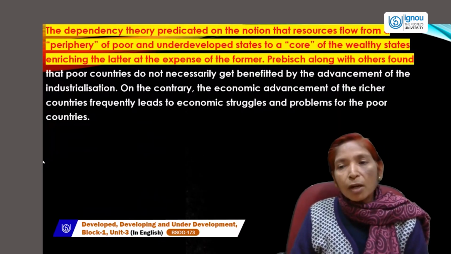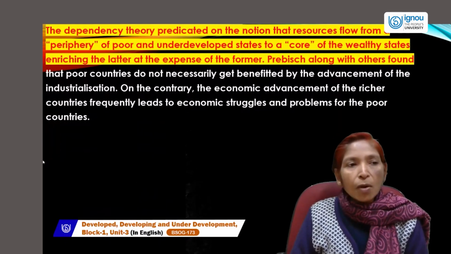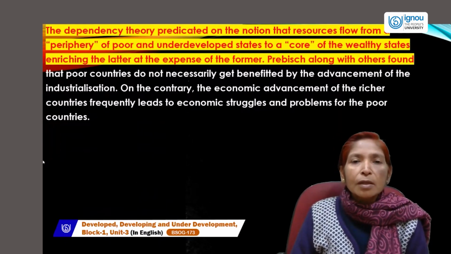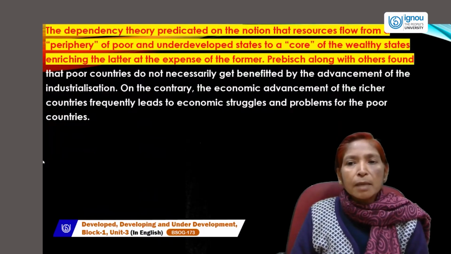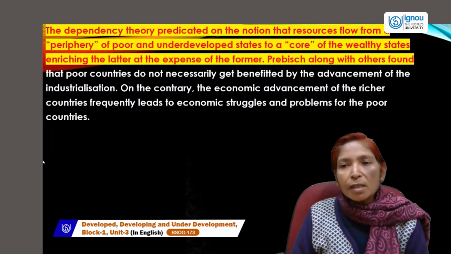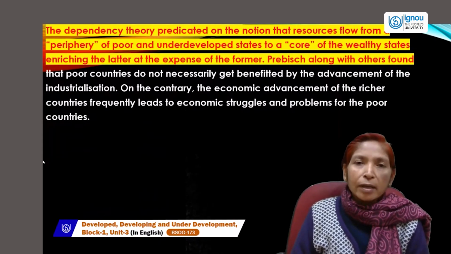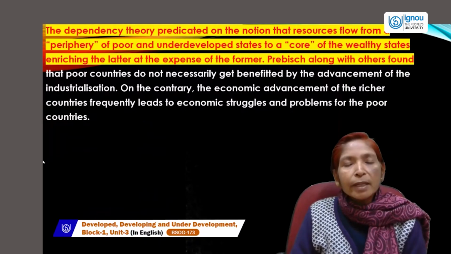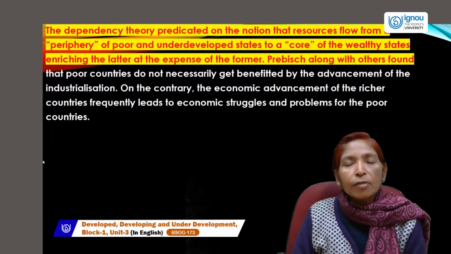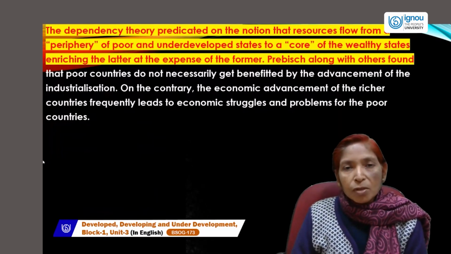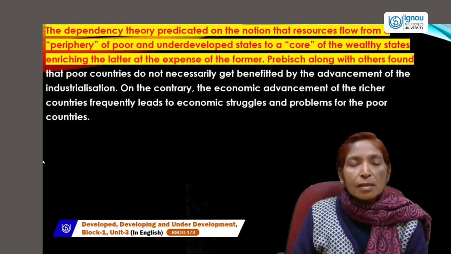So Parrish, along with the others, found that poor countries do not necessarily benefit from the advancement of industrialization. On the contrary, the economic advancement of the richer countries frequently leads to economic struggle, because of this dependency theory.